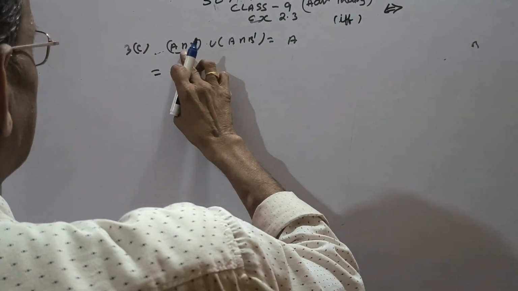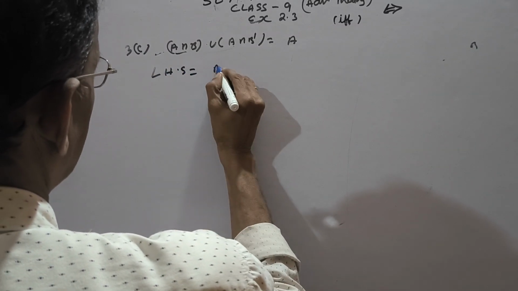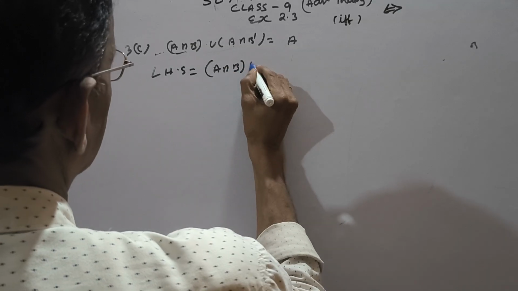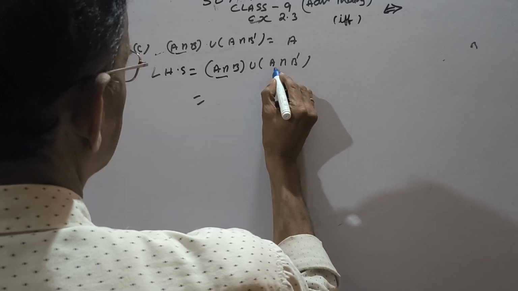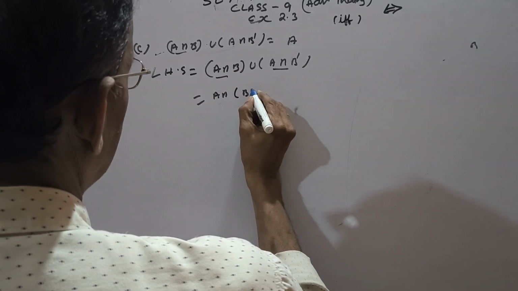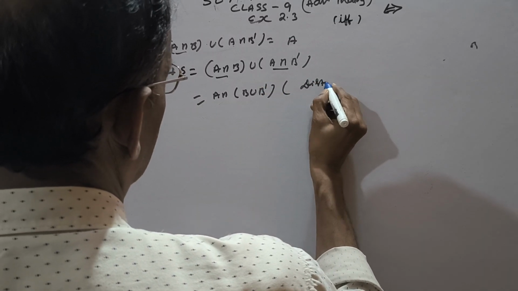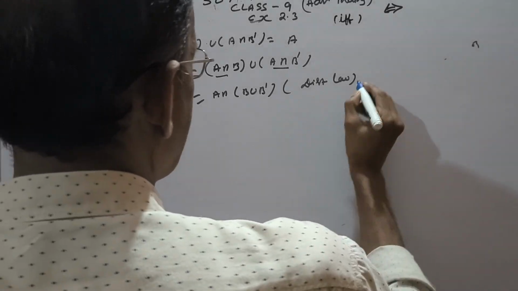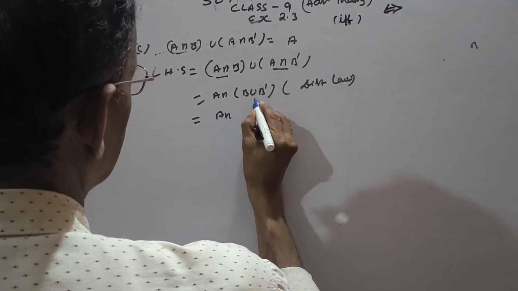First we must take the left hand side, which is (A intersection B) union (A intersection B complement). See, distributive property: A intersection (B union B complement). We will write distributive law. What is B union B complement?